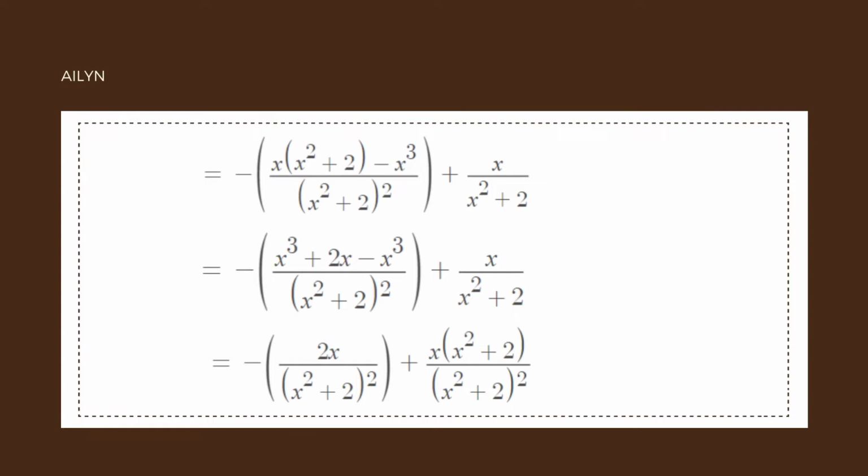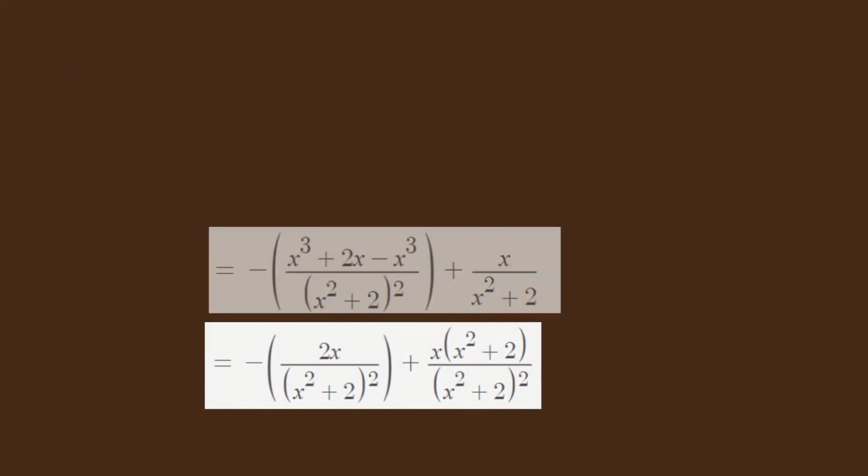which is equal to negative x cubed plus 2x minus x cubed over the square root of x squared plus 2 plus x over x squared plus 2. By simplifying further and getting the same denominator, we get negative 2x over the square root of x squared plus 2 plus x times x squared plus 2 over the square root of x squared plus 2.